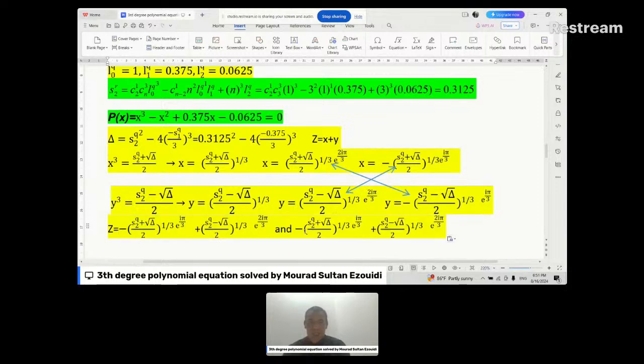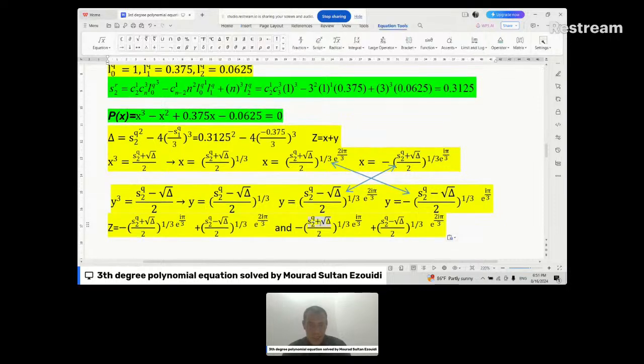I will use the cube root of minus q over 2 plus root of delta divided by 2, multiplied by exponential 2i pi, plus the other term, and with 4i pi it will give me minus exponential i pi.